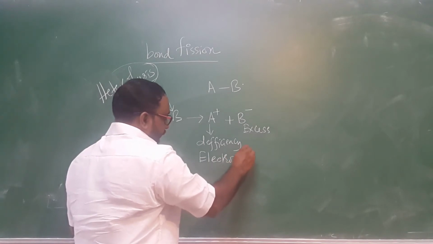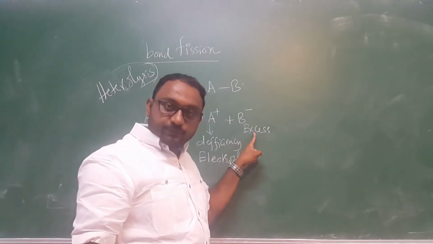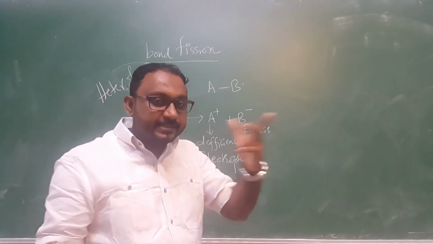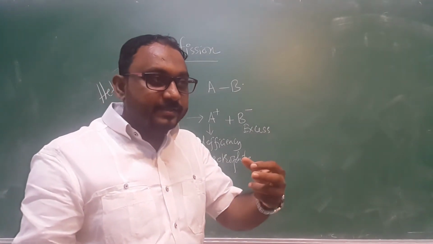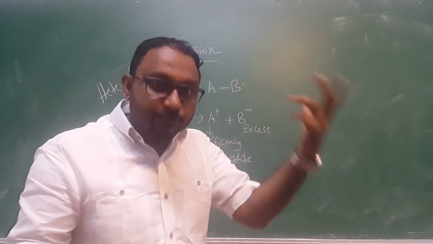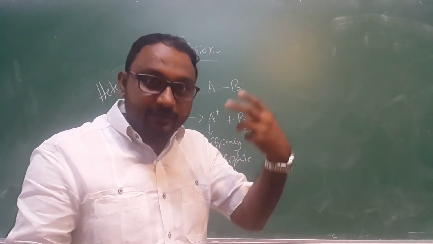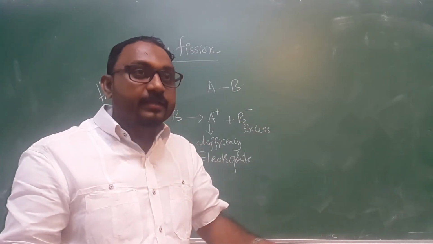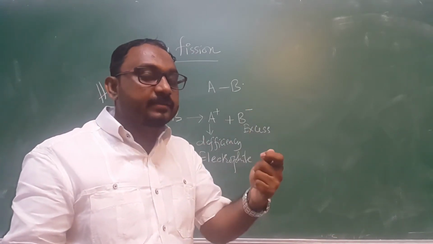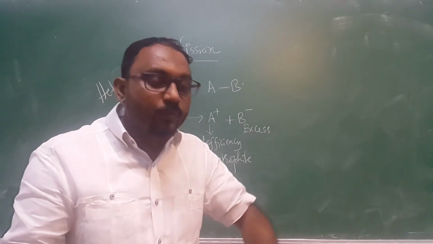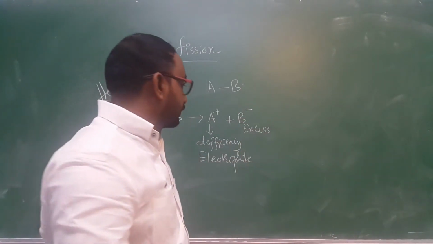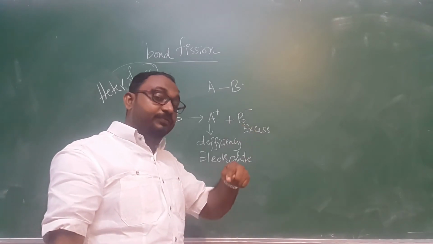When they are seeking electrons, we call them electrophile. Whereas here there is excess of electron density. When they have excess of electron density, they are seeking to release or get away from the electrons.